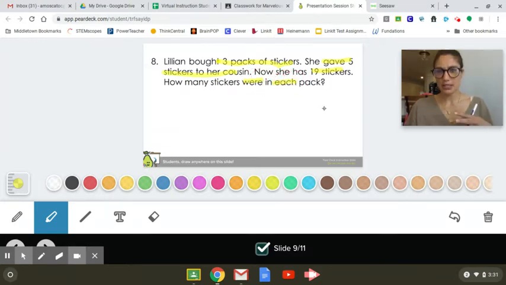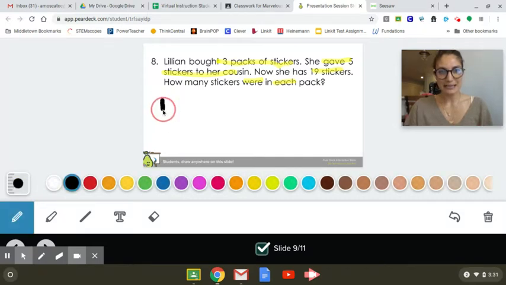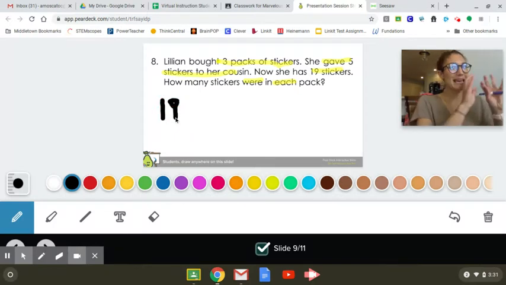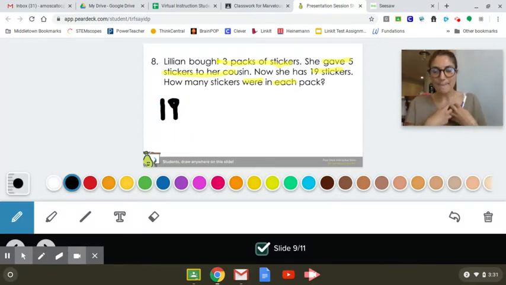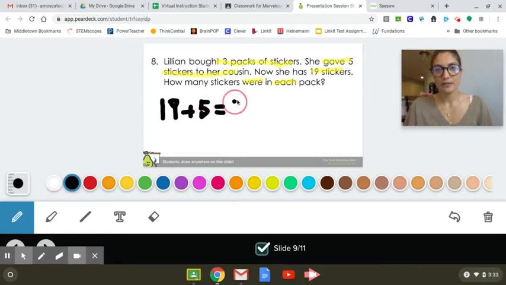Well, first, she gave some stickers away, so I need to figure out how many she actually started off with. So if now she has 19, and she gave 5 away before that, we need to take them back or add them back. So I'm going to do 19 plus 5 because she's getting those stickers back to figure out how many we originally had. 19 plus 5 is 24.